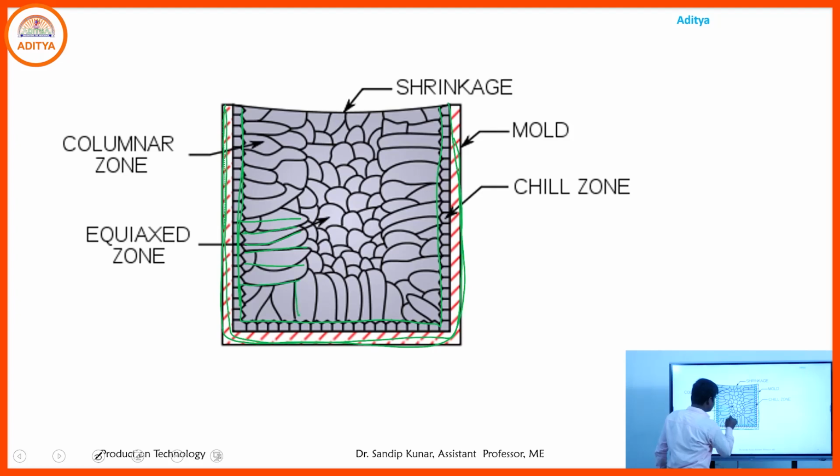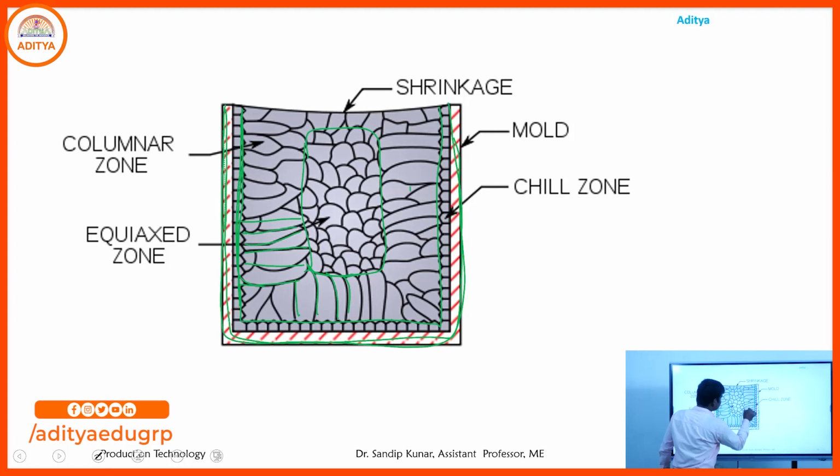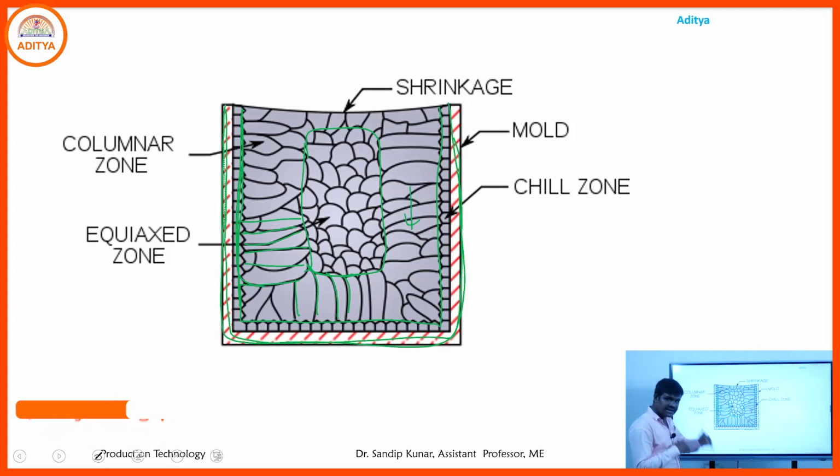The columnar zone has perpendicular grains. After further heat removal, the equiaxed zone will be formed in that particular mold cavity.